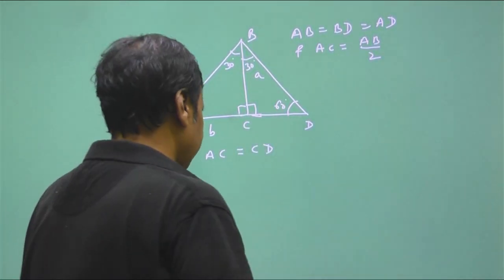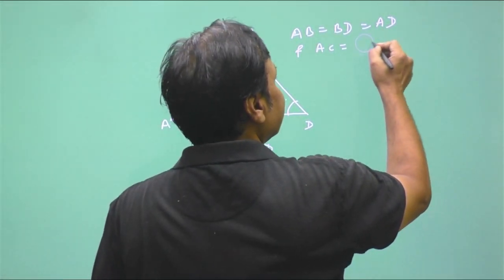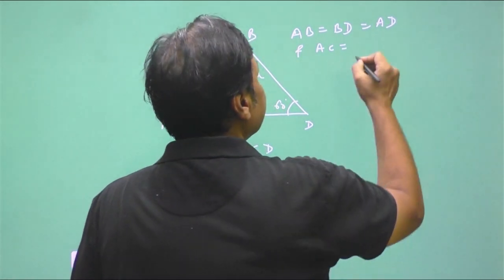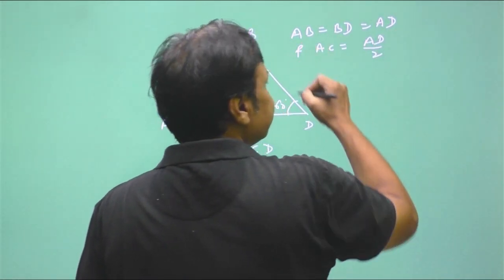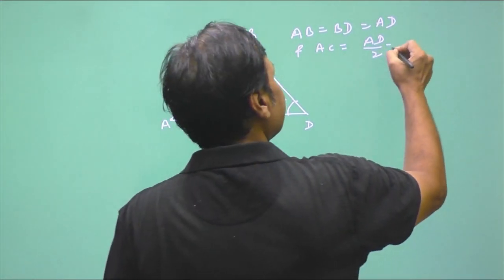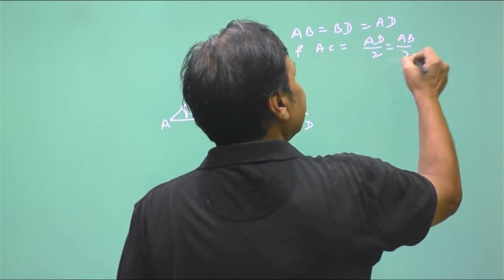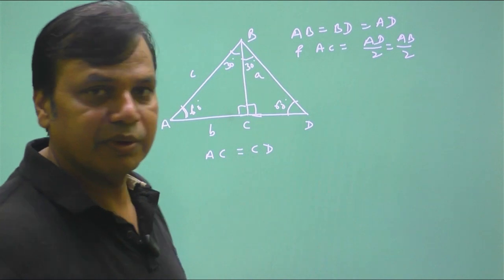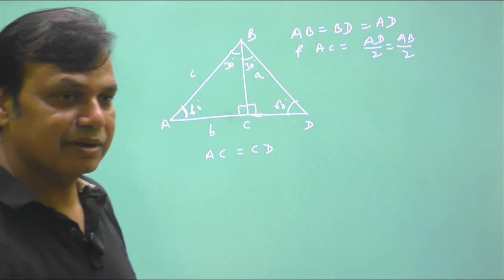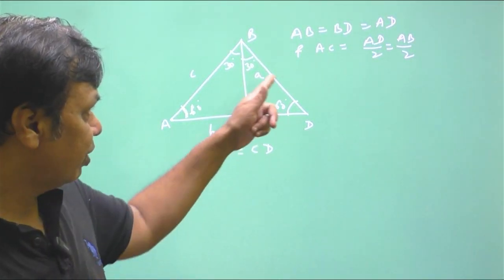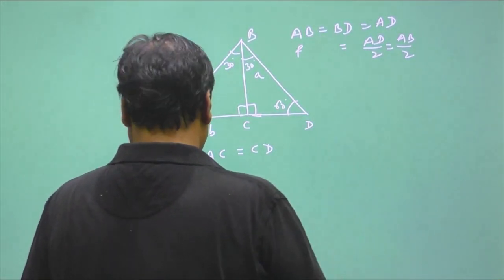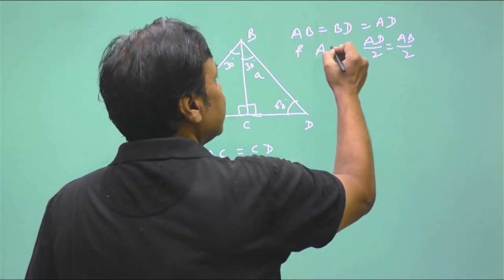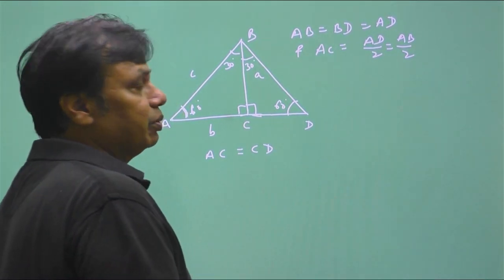So AC equals AD upon 2, but since AD is also equal to AB, we could have written it as AB by 2. Nothing was wrong. So AC is AD by 2, that is AB by 2.